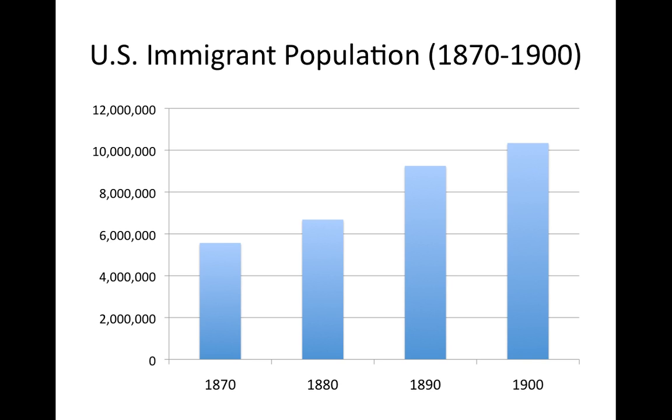Between 1870 and 1900, the number of people who are immigrants in this country, once again, more than doubles. And is one of the reasons why we had such a big population explosion. Not the only reason, but a major reason. And so the immigrant population is also a big fueler of the Second Industrial Revolution.